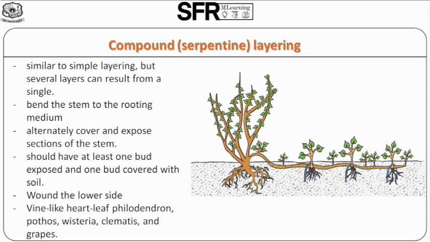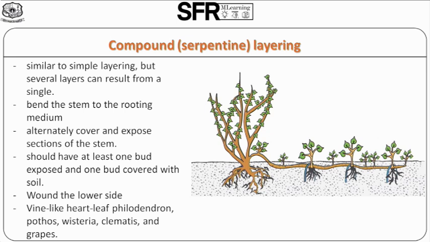The portion being bent should have nodes: one node will be on the upper side of the stem, the next node on the lower part in the soil, and the next node on the upper. So, alternately the nodes are kept inside the soil and on the outer side of the soil. This is how serpentine layering is done.